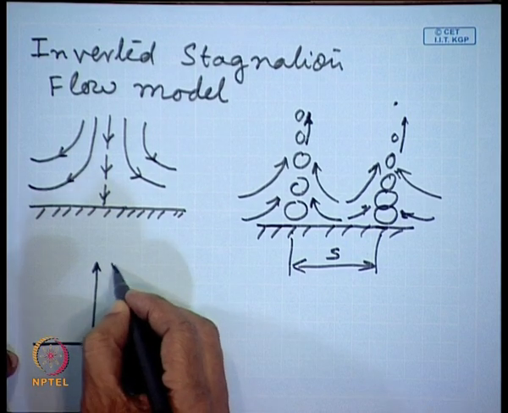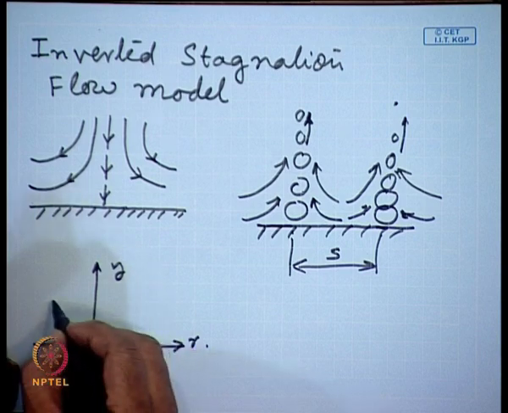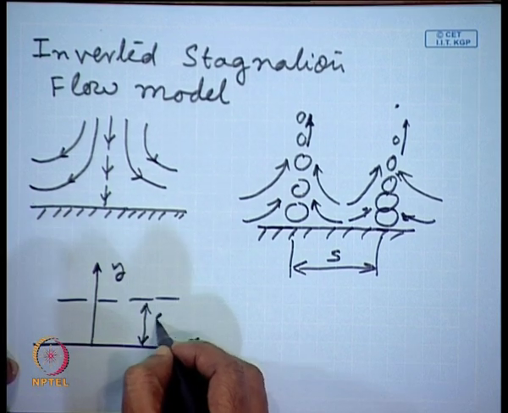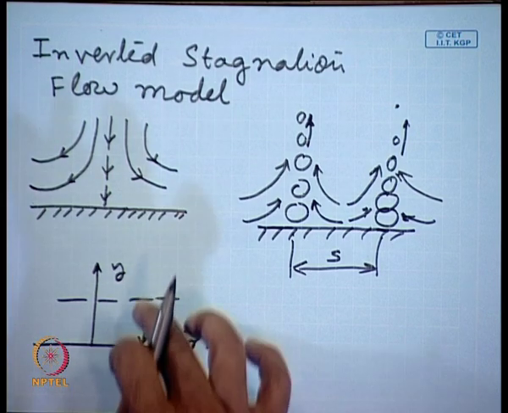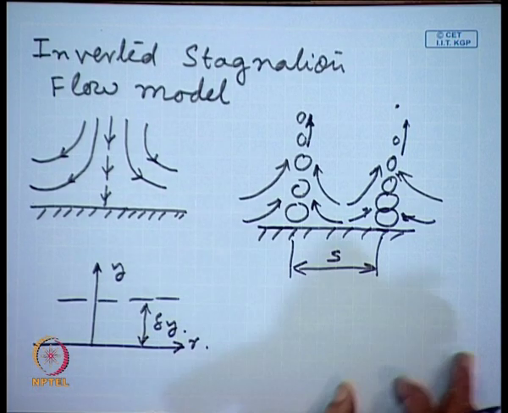This is your y, this is your r direction, and this is your delta y. Okay. Delta y is the outer edge of the thermal boundary layer. Okay.